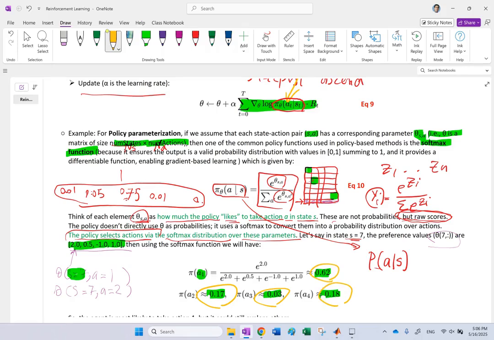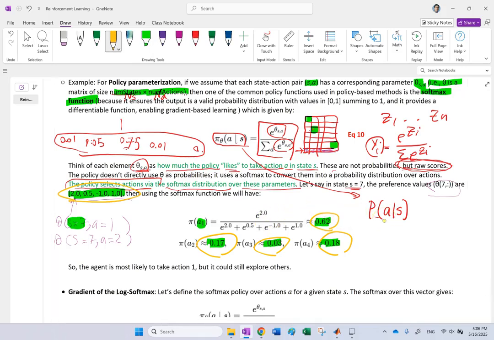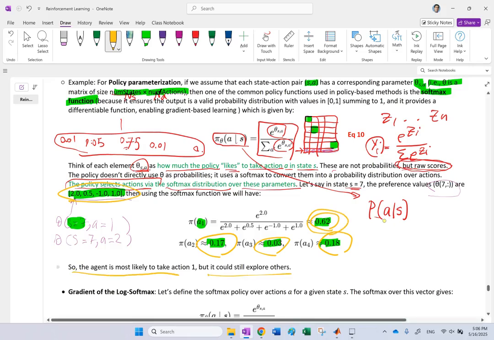So I could convert those raw scores of theta into a probability, and that can be done for any state. Good? So in this case, if I ask at state 7 which one of the actions is the most likely to be taken, you look at these numbers and say, well, action number 1 is clearly the winner.